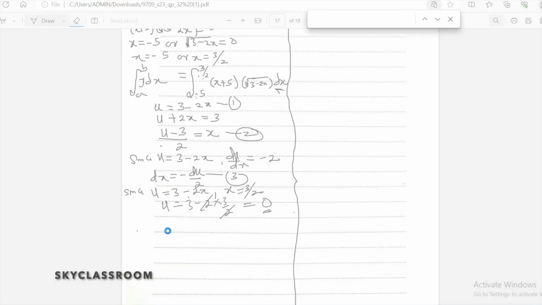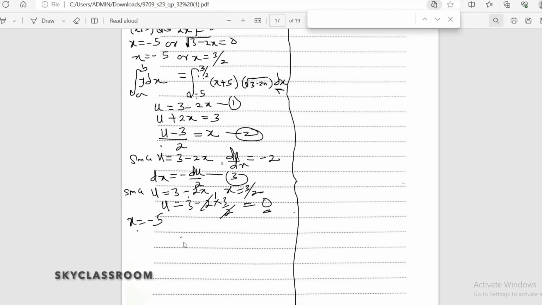Jeez. So when x is minus 5, u is 3 minus 2 times minus 5. It gives us minus 13.